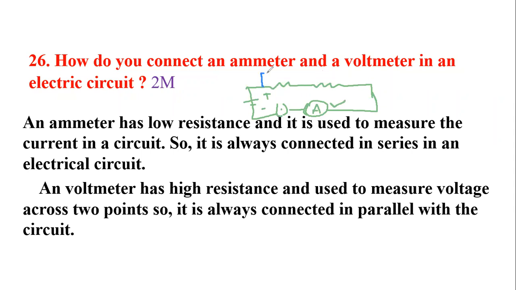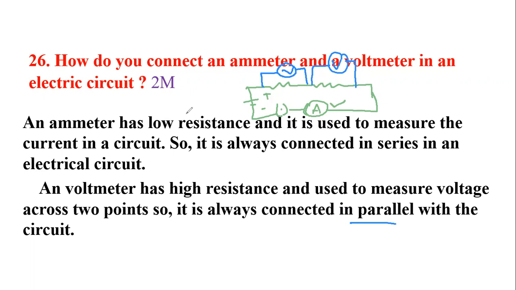You remember that most of the circuits we see have this type of arrangement. What is this? Voltmeter. Voltmeter is always connected in parallel connection, parallelly in the electric circuit. Remember that.